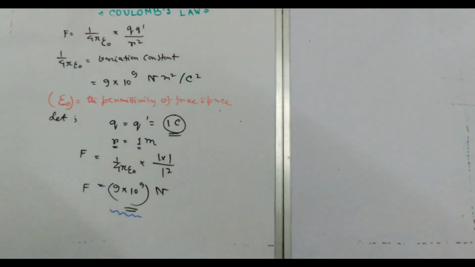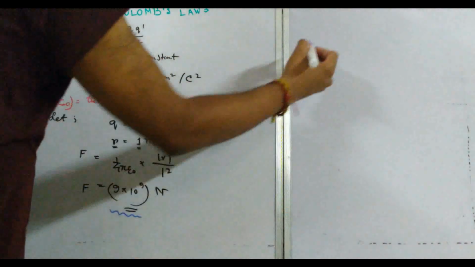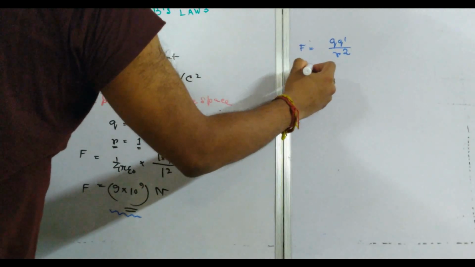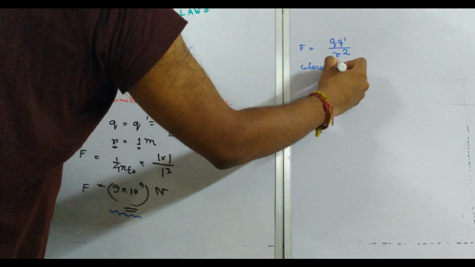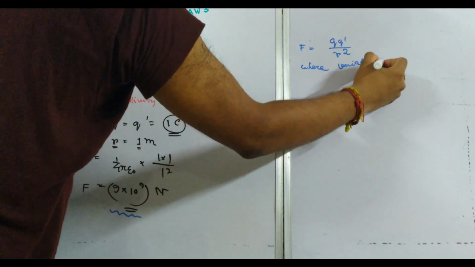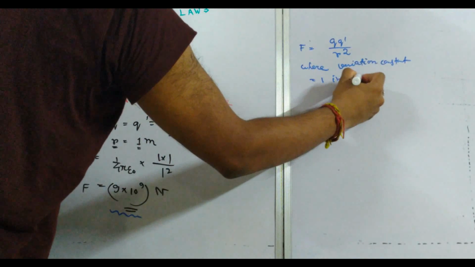In the same way, if we try to define or implement the CGS unit of charge, that is 1 stat coulomb or 1 ESU. So in CGS units, the force between two charged particles is given as F = Q Q dash by R square, where the proportionality constant is equal to 1 in air.